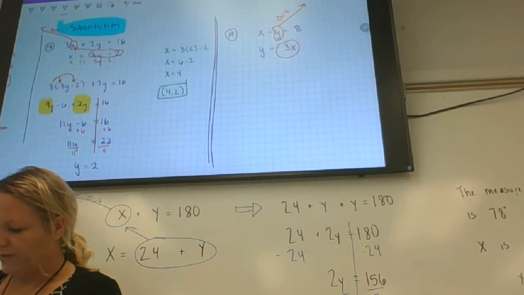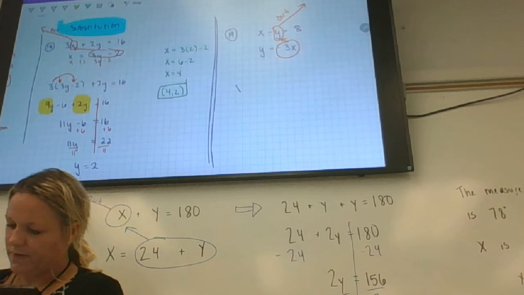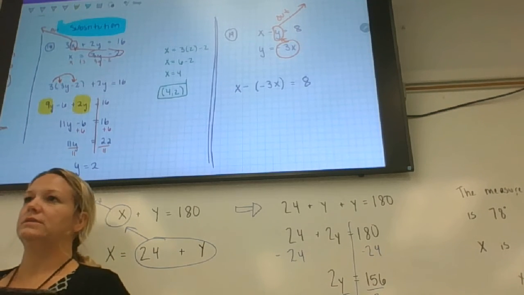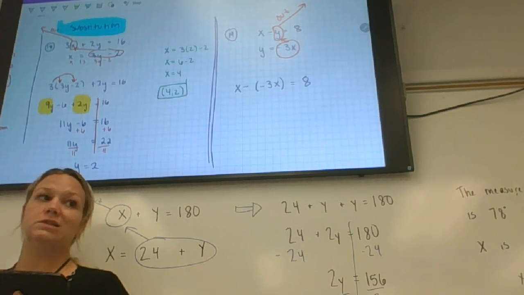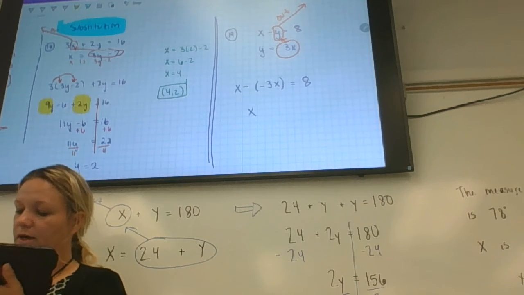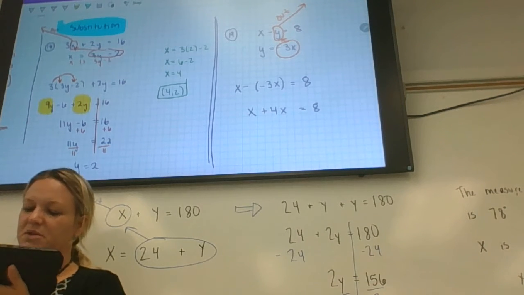And you, my friend, get to go in. So I have an x, I have a minus sign, and then I have a negative 3x. And then you make it a plus. So that's tricky. That's a stopper. Oh, I messed up my number though.